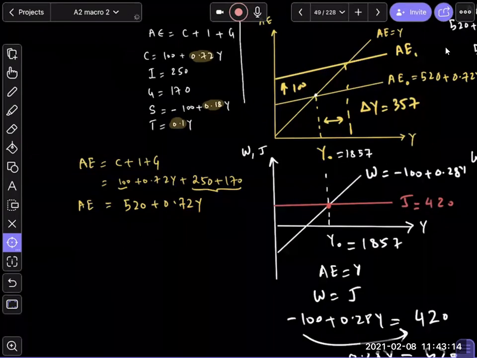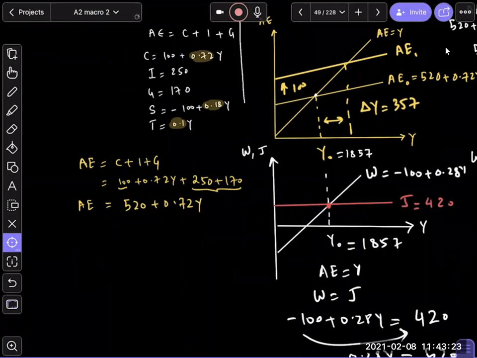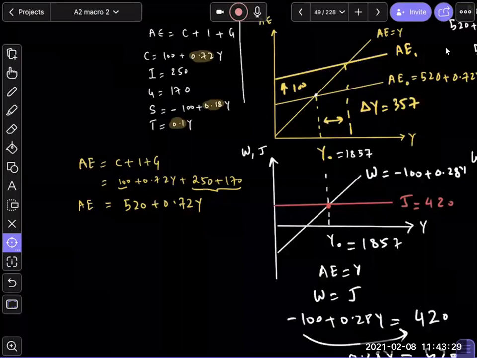In the 4 sector model, when we do it tomorrow, your multiplier is 1 over MPS plus MPT plus MPM, because you will now have one more withdrawal. So that multiplier will be smaller because imports are also shrinking your multiplier.